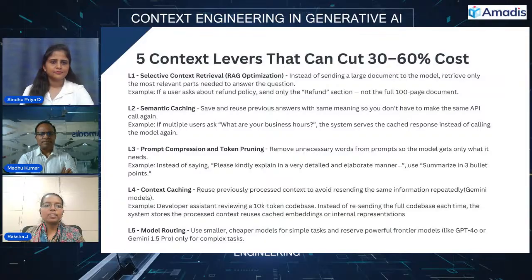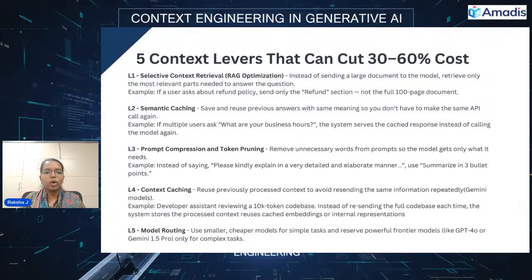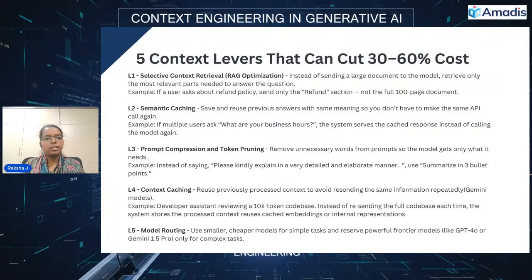The first one is selective context retrieval, that is RAG optimization. The core idea behind this is to reduce input token volume before retrieval reaches the model. So what happens within RAG optimization is, instead of passing an entire document, that means if the token count of the entire document will be 50K or much more.